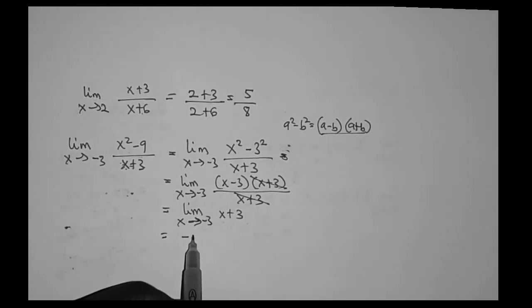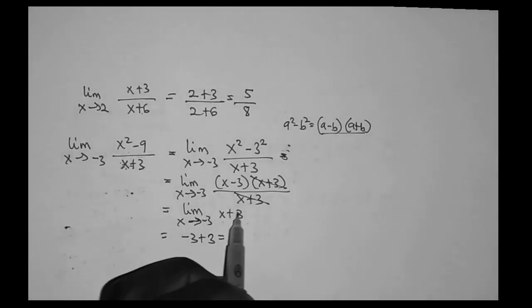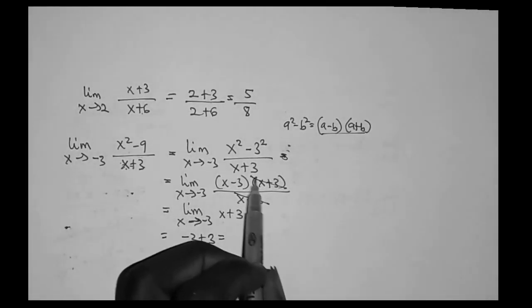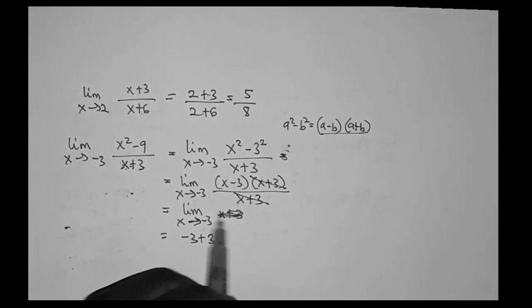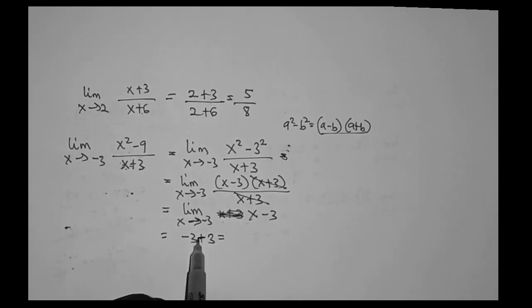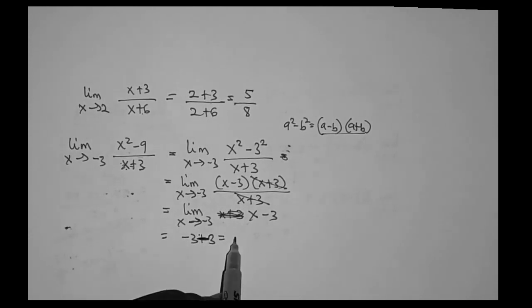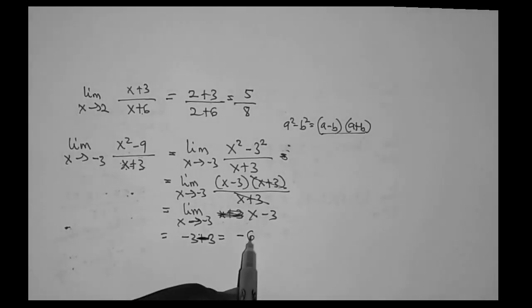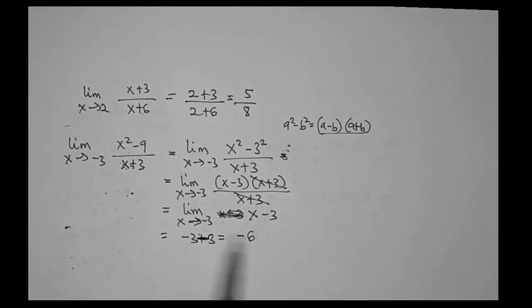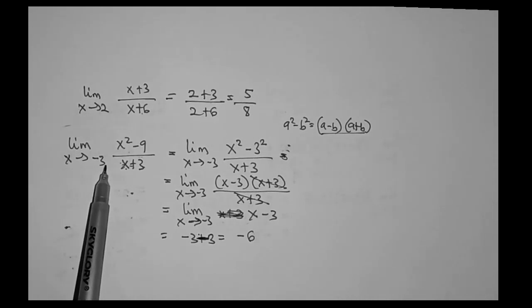Cancelling out x plus 3 and x plus 3, we are left with x minus 3. So here is minus 3 minus 3, and that is equal to minus 6. So this limit approaches minus 6 as x approaches minus 3.